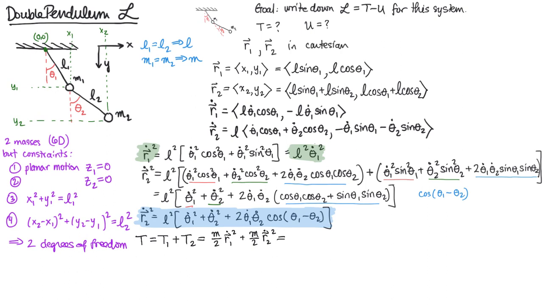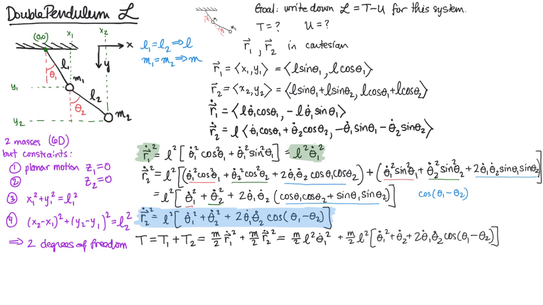So the first term, we're going to get an m over 2 L squared theta 1 dot squared. That's our kinetic energy for the first mass. And for the second mass, our kinetic energy is m over 2 L squared, and then everything in that square brackets. Like so. And we can combine this a little bit.